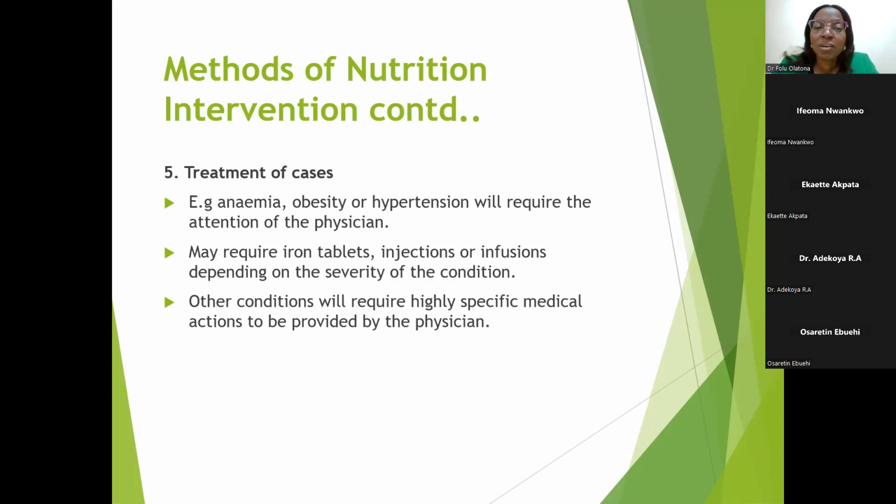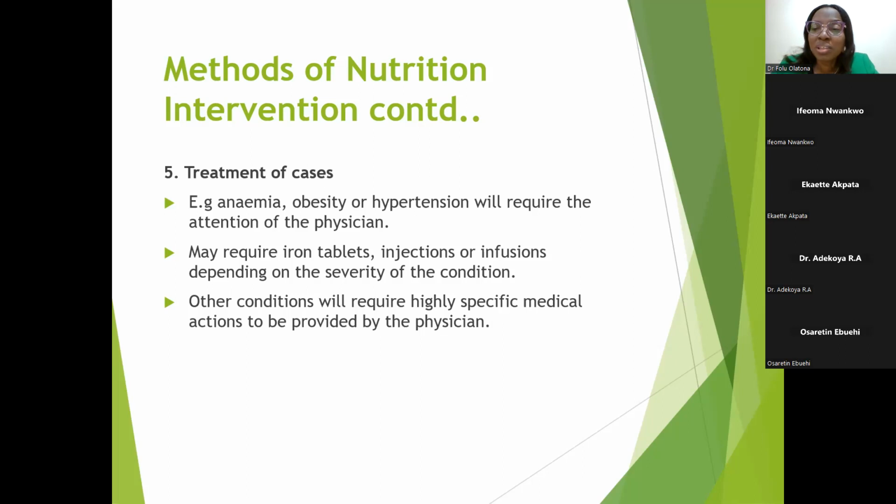Many of them will still spring up anyway. So if you discover this kind of problem during your investigation, during your assessment, then you know that it's already a problem. Treatment of cases must be one of the methods.